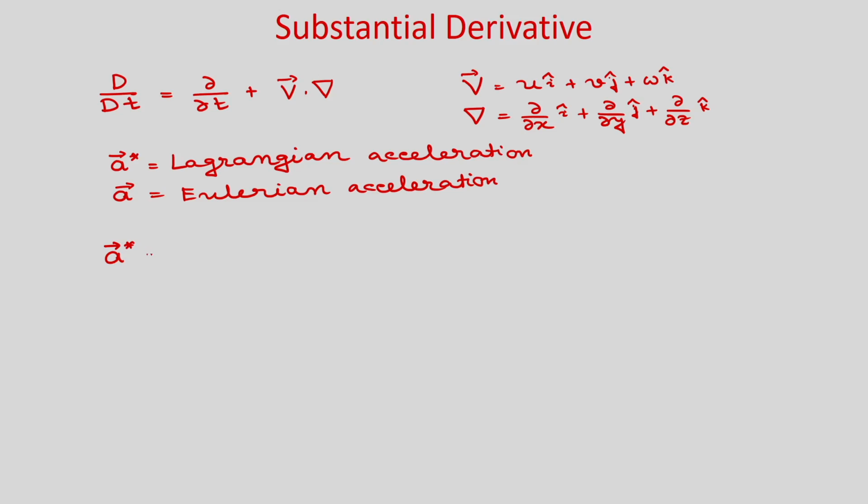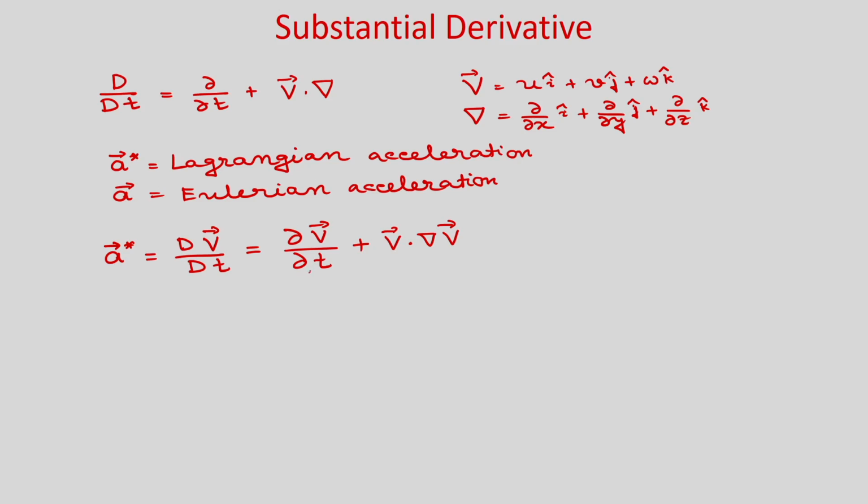A star, your Lagrangian acceleration, you can denote as Dv by Dt, which is equal to del v by del t, which is actually the Eulerian acceleration, plus v dot grad v.